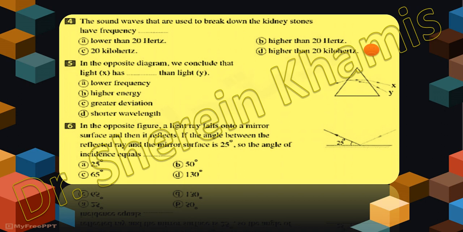We said that X appears first, so the one that appears first makes a low deviation and high wavelength, low energy, and low frequency also.